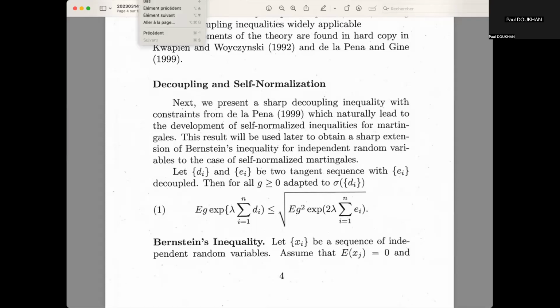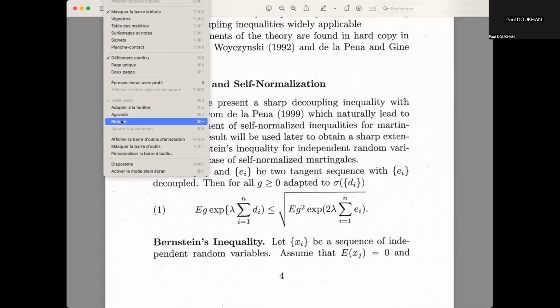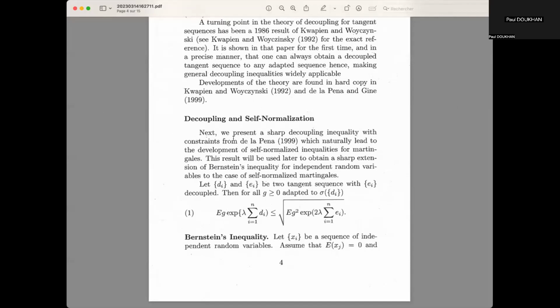So basically, this is the moment generating function. This is the expected value of e to the lambda times the sum of the arbitrarily dependent variables, bounded by the square root of the expected value, forget about the G squared, of twice the moment generating function of the conditionally independent variables.